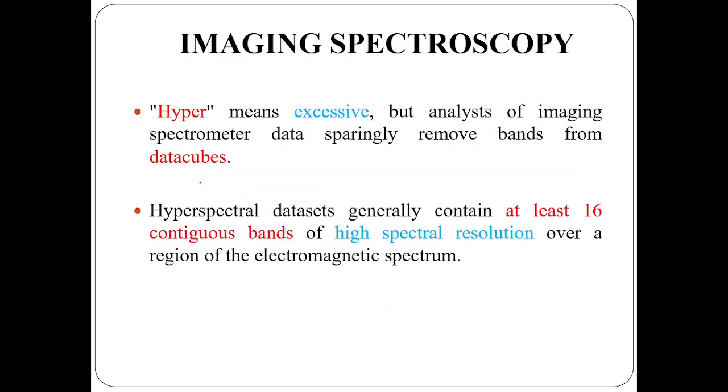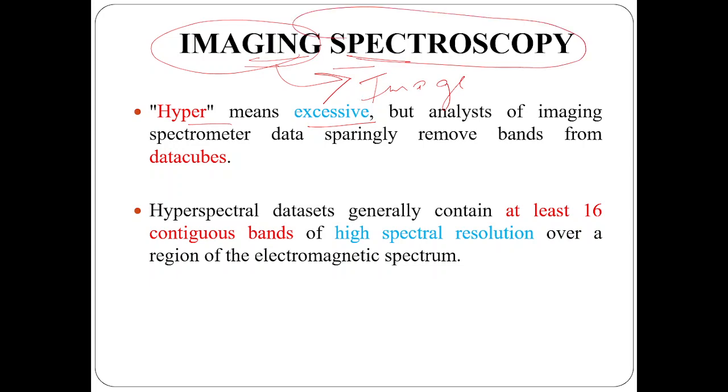So it is clear: hyper means excessive, and imaging means when we measure the radiation or the spectra in terms of an image. Spectroscopy basically measures in values, but when we use the term imaging, it will give the output as an image.